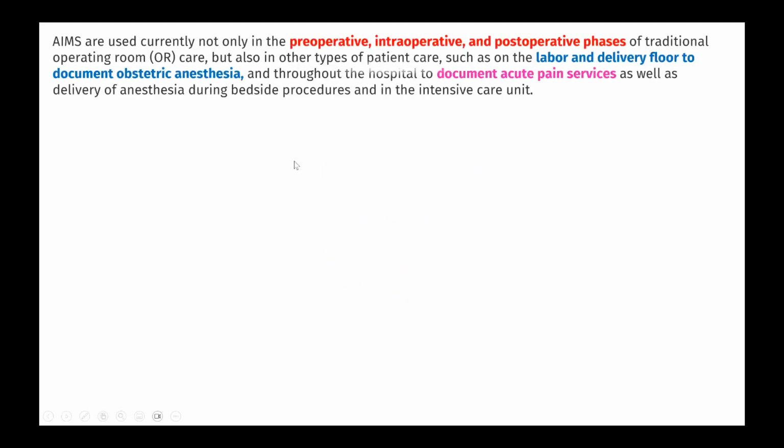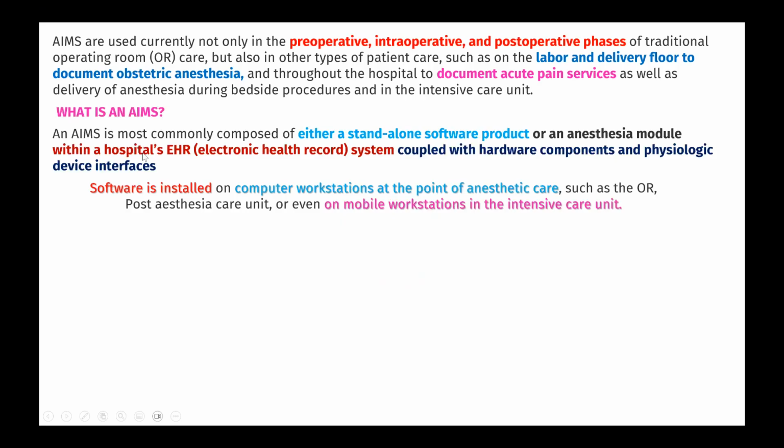Now from here we go to currently used AIMS, used for pre-operative, intraoperative and post-operative cases, including pregnant patients, labor analgesia documentation, obstetric anesthesia, acute pain. For everything we have documentation. So what is an AIMS? It is commonly composed of either a standalone software product or an anesthesia module, which can be incorporated with the electronic health record.